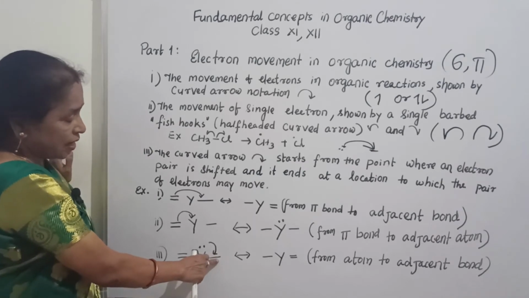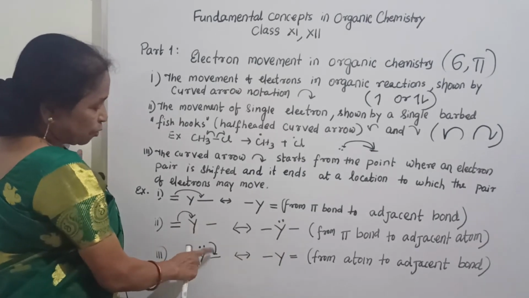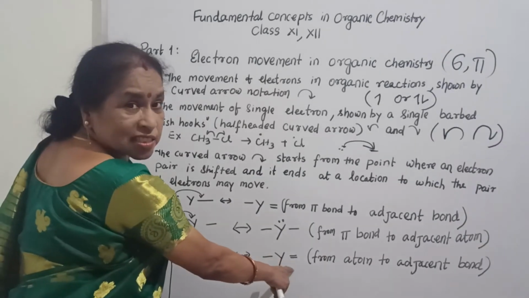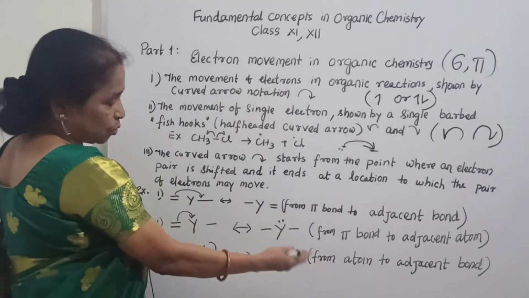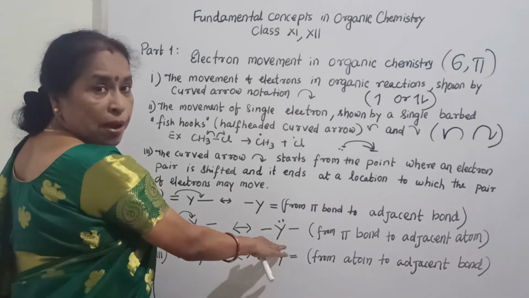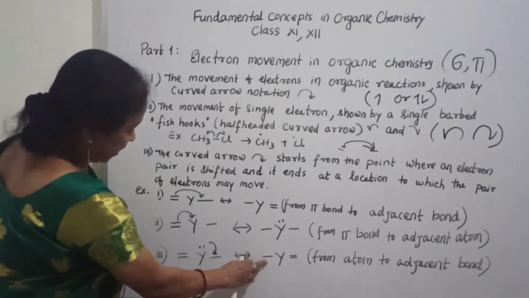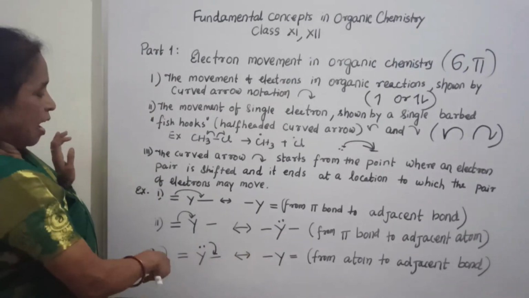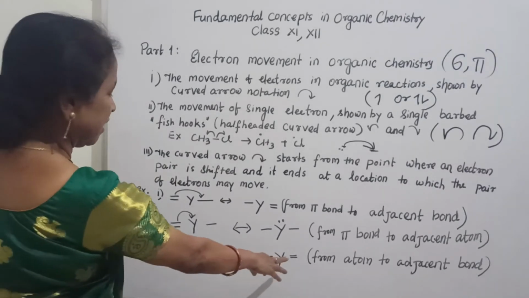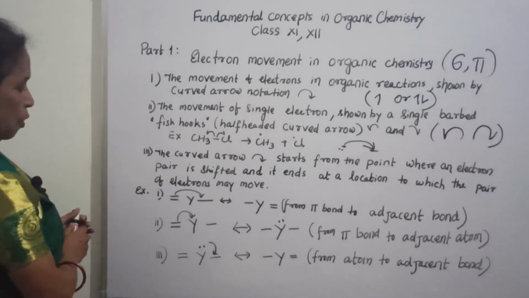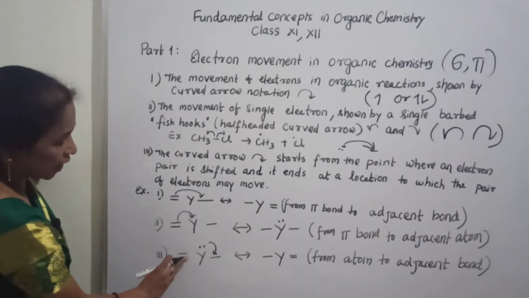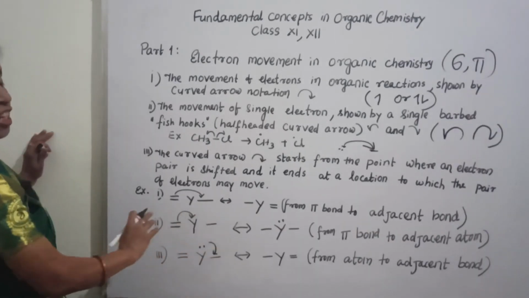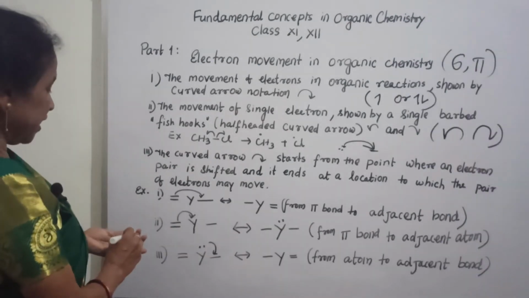So what happened? Since it moves to this bond, it becomes a double bond, and the electron pair has moved. So nothing is here, no pair of electrons is present now. Here this is a single bond, and this side is a double bond. Since the electrons moved, it changes to a single bond.